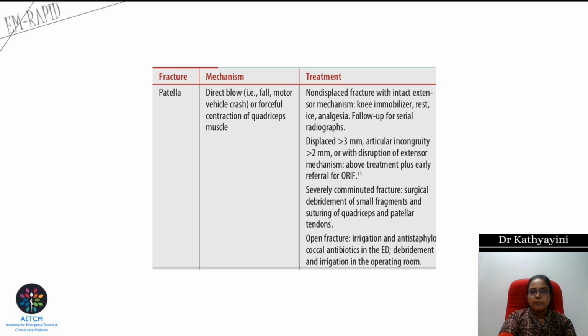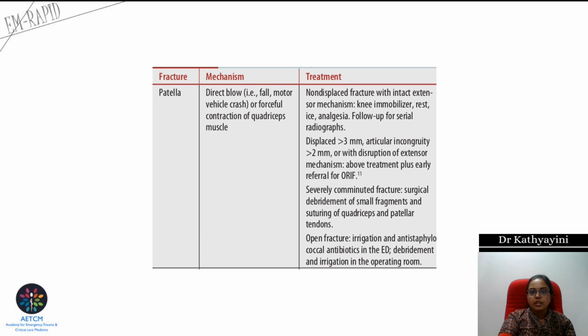If it is displaced by more than 3 mm, or there is articular incongruity of more than 2 mm, or there is an extensor mechanism injury, then along with all the above, an open reduction internal fixation may be required, and we'll have to refer the patient to an orthopedician or a center with such facility.